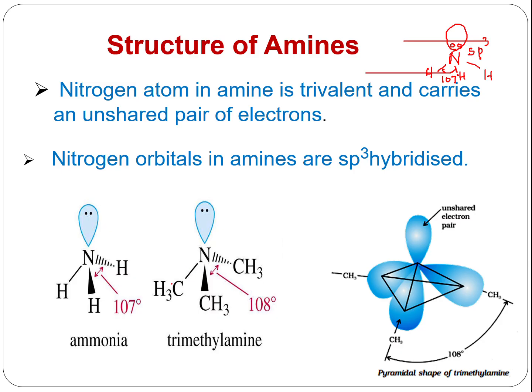In the case of alkyl amines, due to the large size of the methyl groups, the bond angle is 108 degrees, whereas in the case of ammonia it is less than that, because hydrogens are the atoms present. So because of this lone pair of electrons, though the hybridization is sp3, the shape of this molecule is pyramidal.